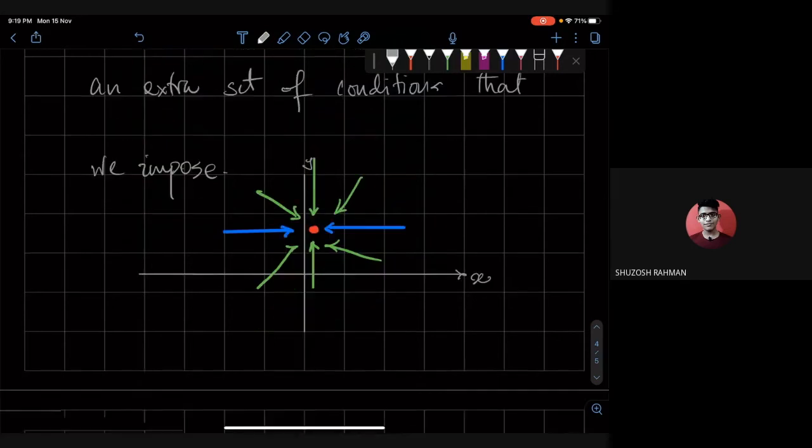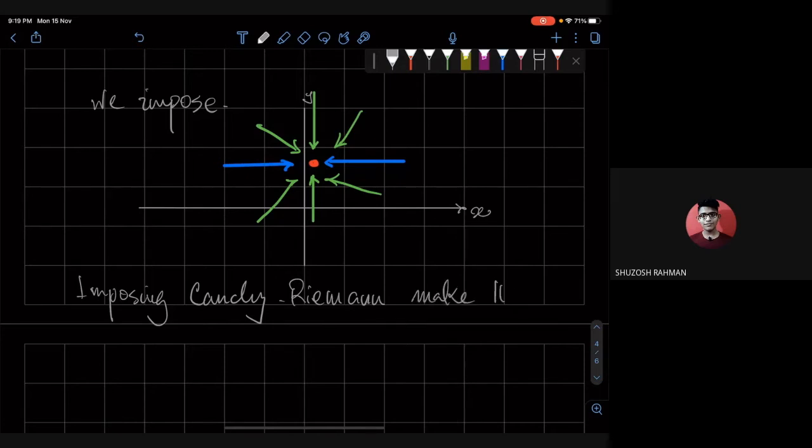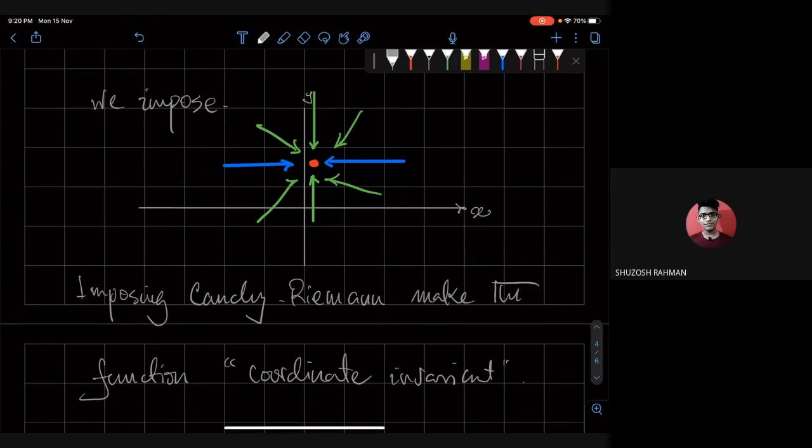Imposing the Cauchy-Riemann condition means that it doesn't matter which coordinate you use, which direction you use to approach that point, it is differentiable.